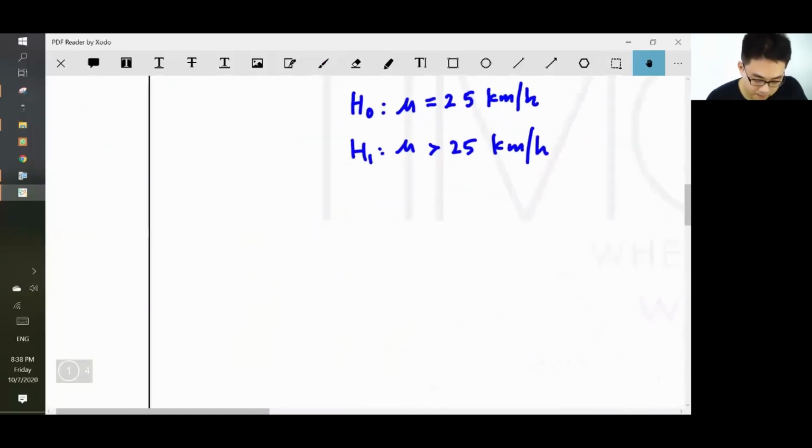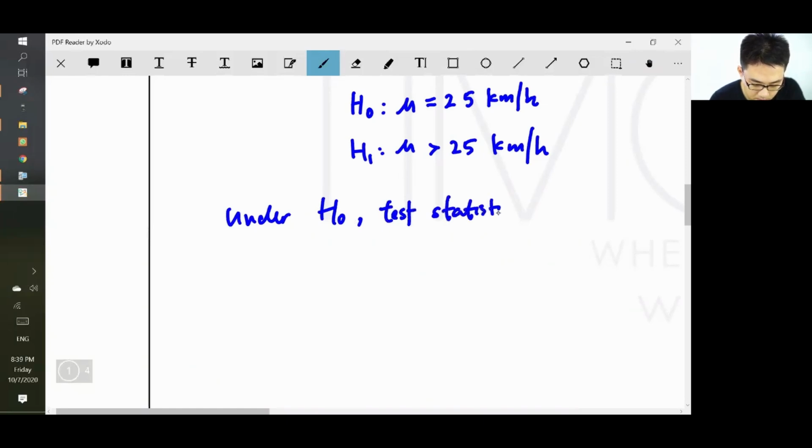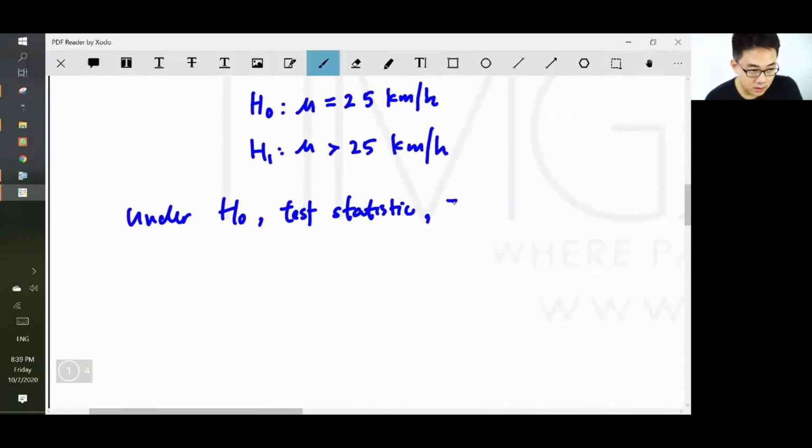Under H null, the test statistic: you need to use CLT because the population is not normally distributed.